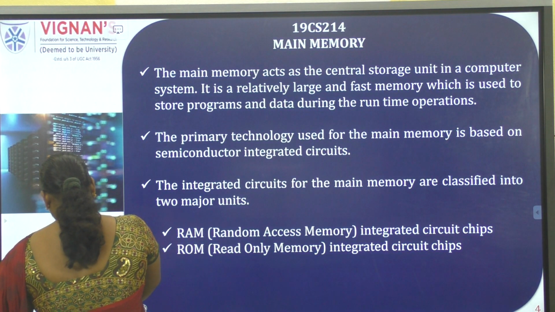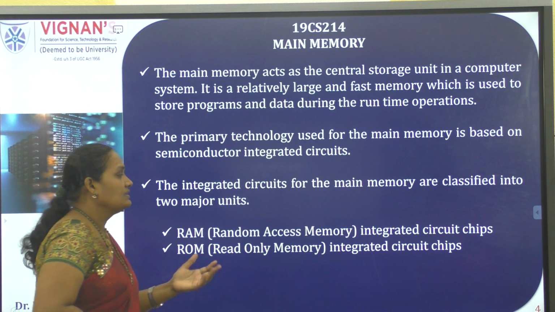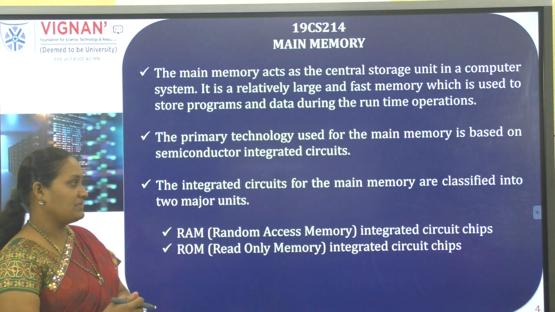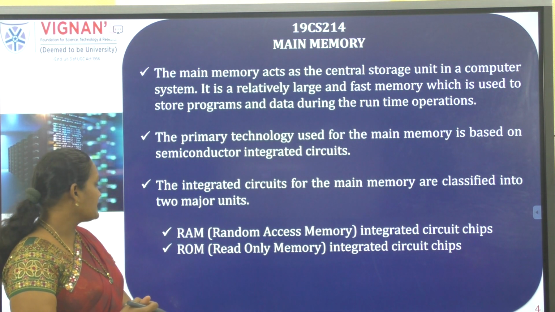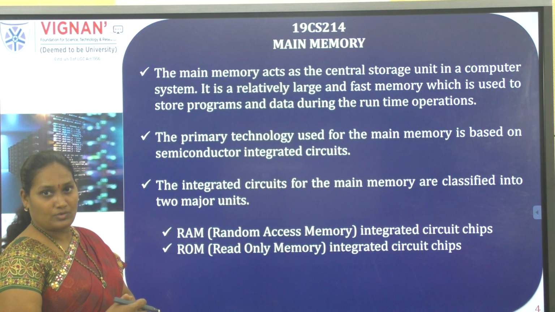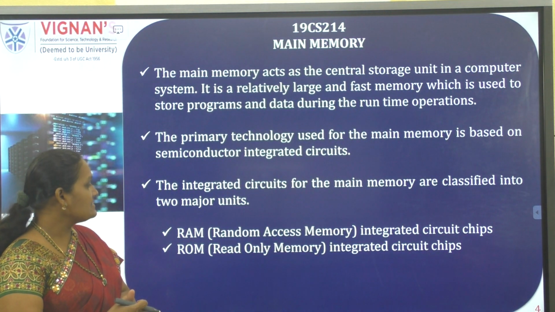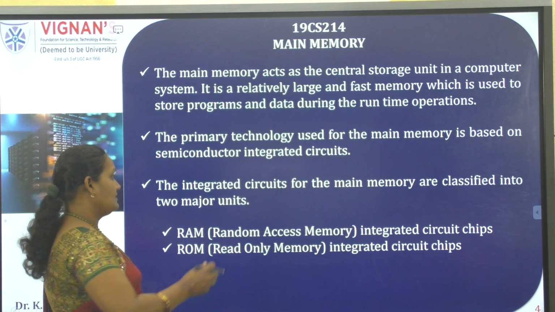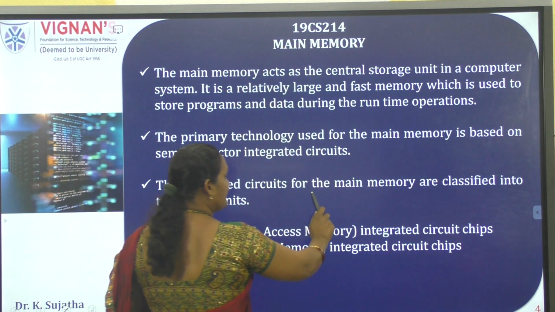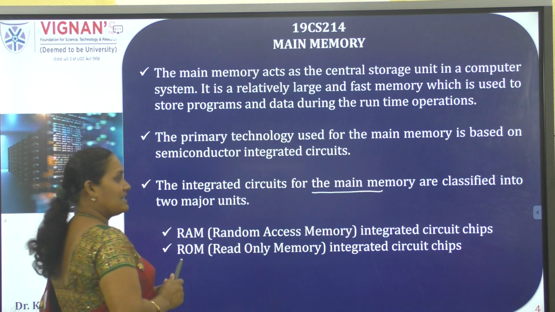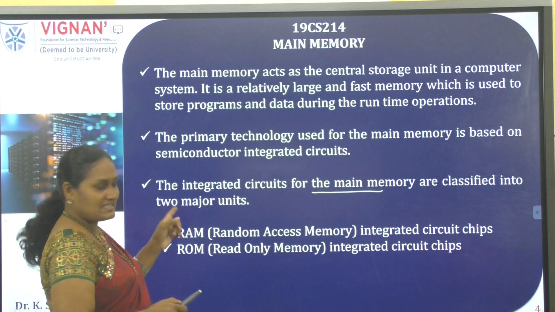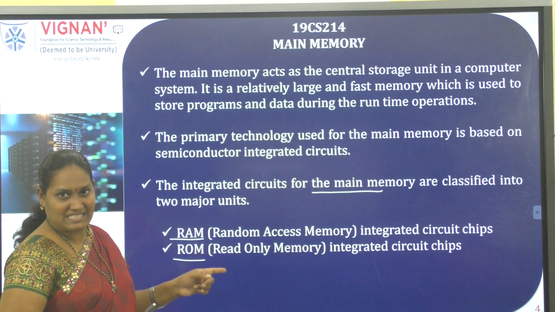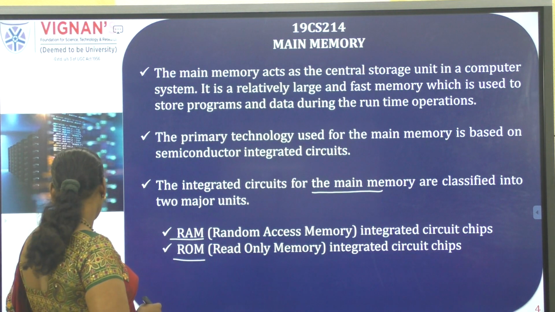I hope you all know what RAM is: random access memory, integrated circuit chips. And the second one is ROM. ROM means read-only memory, integrated circuit chips. So the integrated circuits for the main memory are classified into two major units: RAM, random access memory, and ROM, read-only memory.